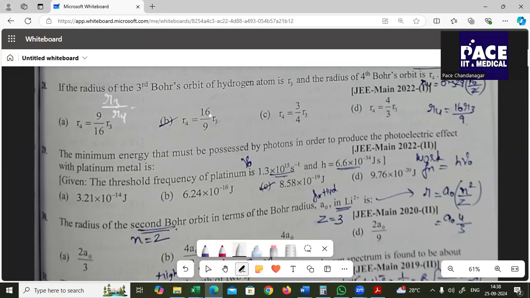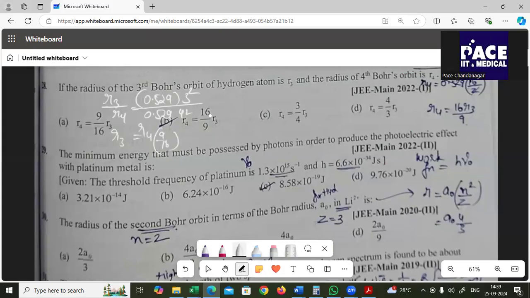R3 by R4 is 0.529 into 3 square by 0.529 into 4 square, which is nothing but 9 by 16. So R3 is equal to R4 times 9 by 16, or R4 is equal to 16 R3 by 9, whichever it is.